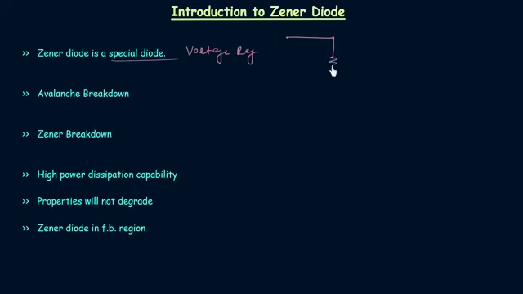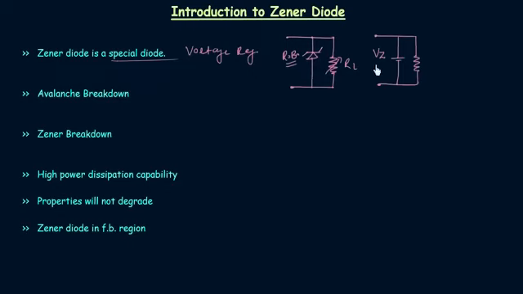Let's say RL is the varying load. I will connect Zener diode like this. This is the symbol of Zener diode, and if this Zener diode is reverse biased, then we can replace the Zener diode by a constant voltage source, and the voltage is equal to Vz, and this voltage is given in the specification sheet of the Zener diode.